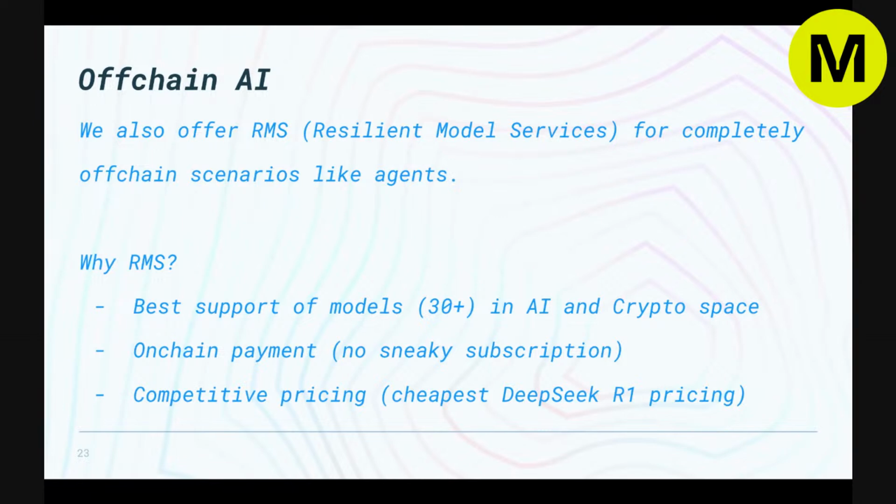So basically, it's very similar to Together AI, but the advantage is that it has the best support for models in the AI crypto space. It supports 30 plus models, and we are launching more AI models in our service. The next one is that it has on-chain payment. For using this resilient model service, you will need to pay ORA token for the payment.